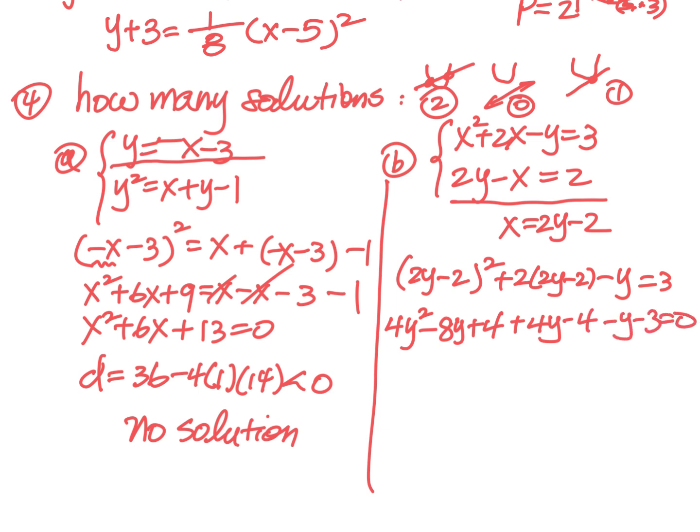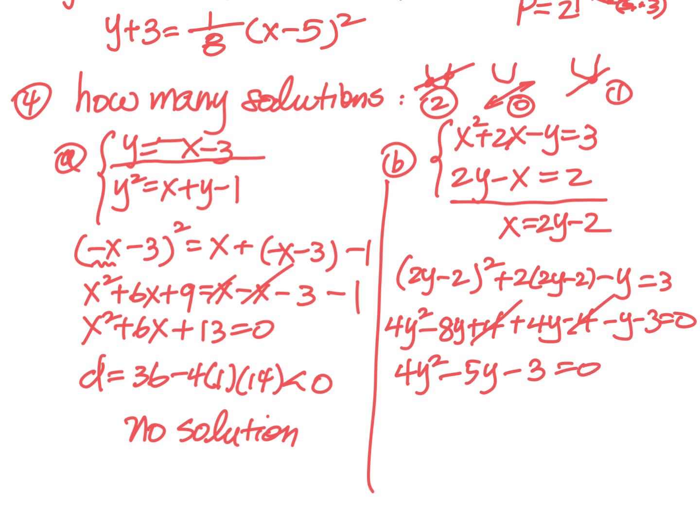Move everything to the same side. Then I simplify them. 4y squared, 4y minus y is negative 5y. This 4 and this 4 cancel out, minus 3. Equal to 0.